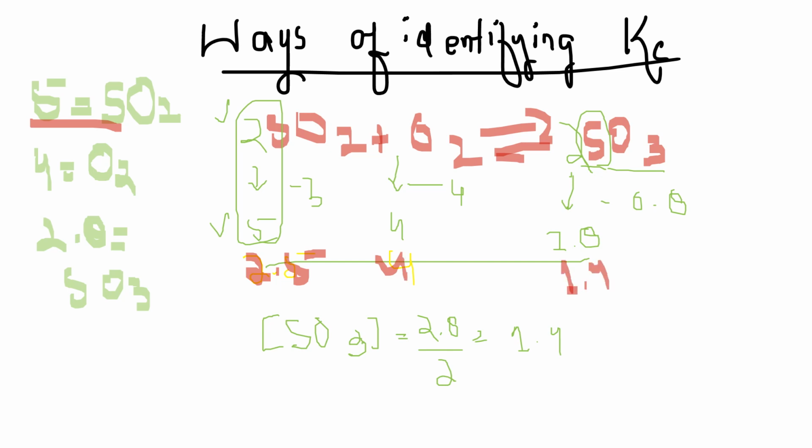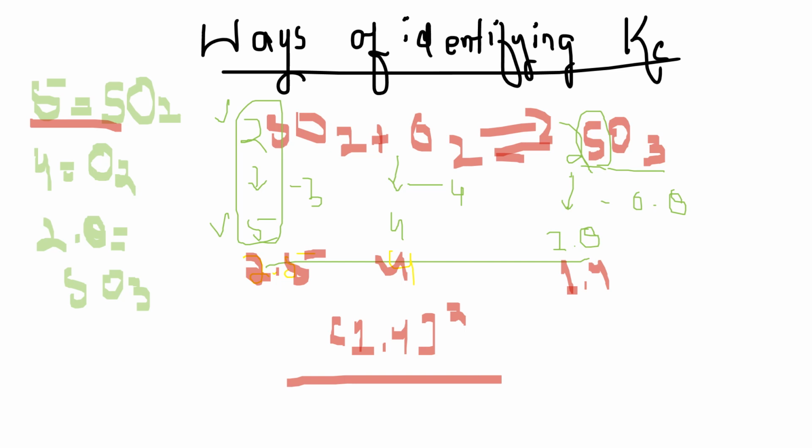What we're going to do is again use this formula, and simply put these values into the formula. First we're going to write the product, that is 1.4, and its power is 2 because there are 2 moles on the product side. After that it would be 2.5, with its power being 2, and then sorry, the other concentration is that of O2, that is 4, and we will write it simply.